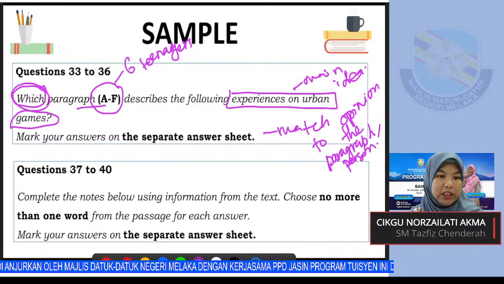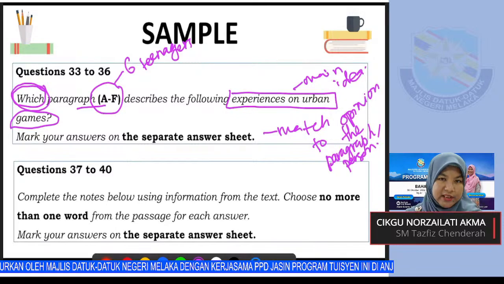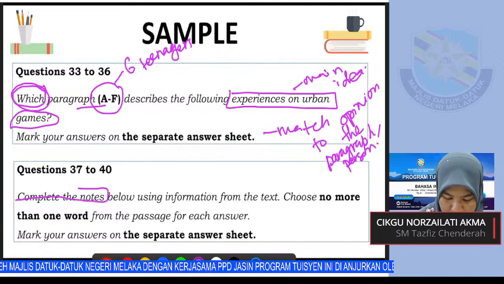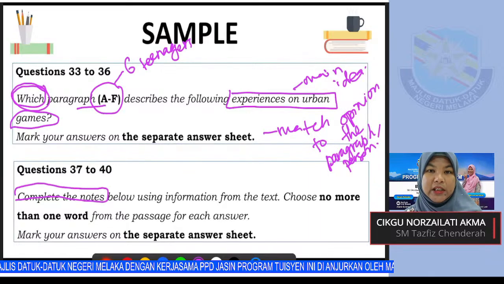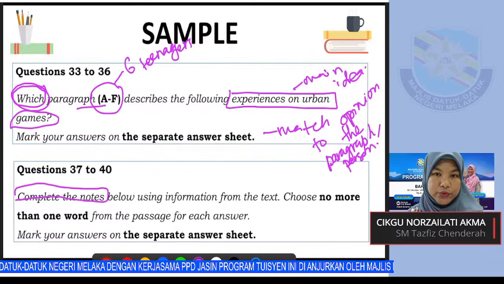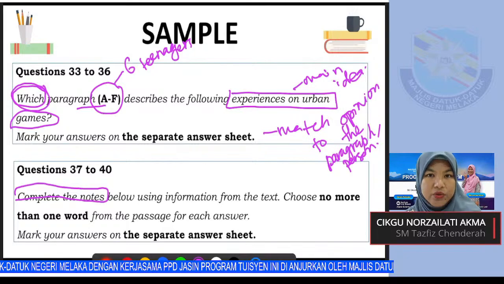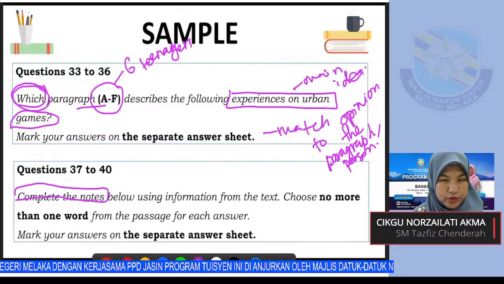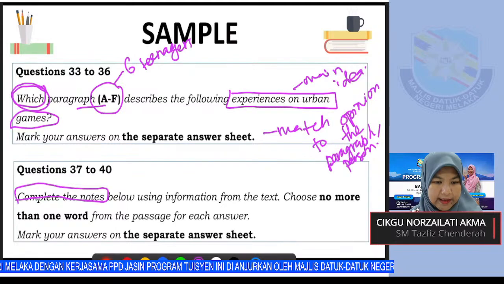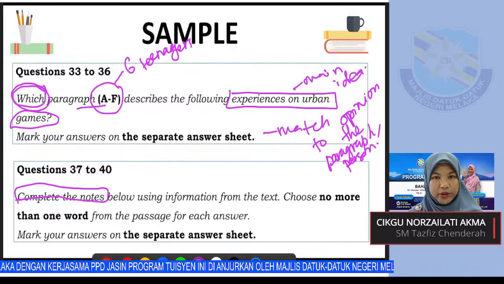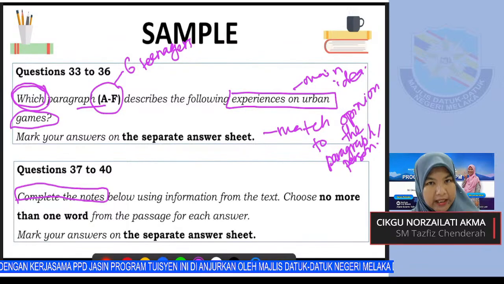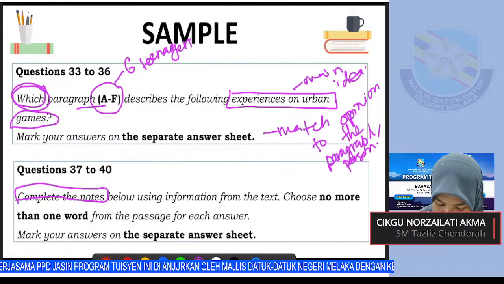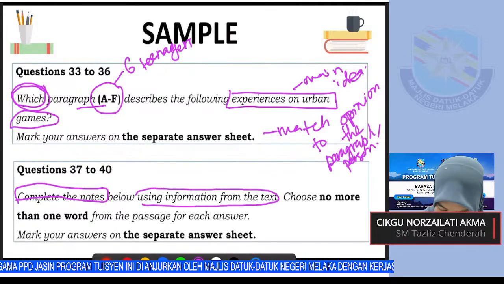However, for question 37 to 40, it starts with complete the notes. This is where the notes completion task starts. You need to complete the note, which means you need to fill in the blank. But in order for you to fill the blank, where can you find the information from? Use information from the text.